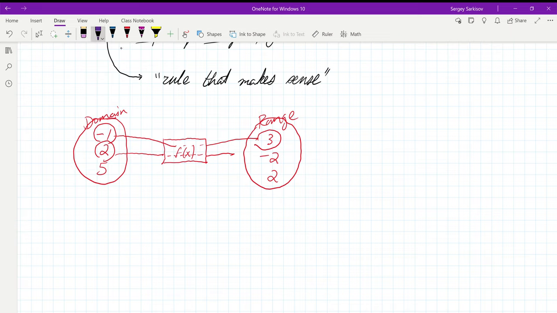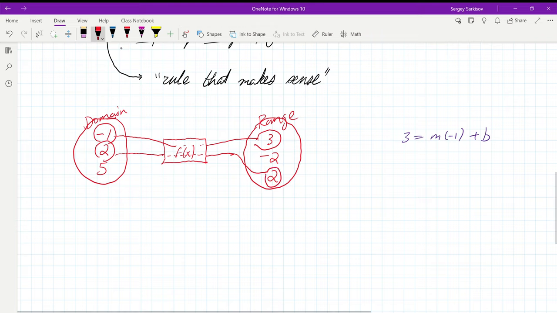So 3 is equal to some kind of slope m times -1 plus b. I'm putting in a -1 to get a 3, and then let's say I want to get this 2. Just a little side note here: what if 2 goes to 2?